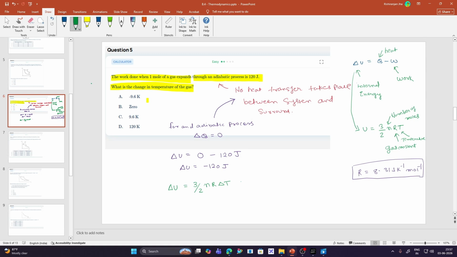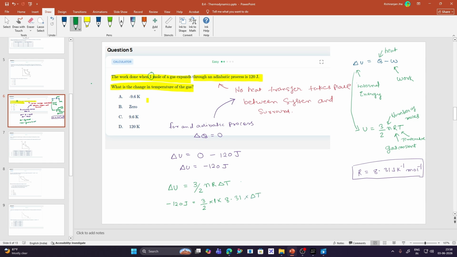We already know that the change in internal energy is minus 120 joules, which is equal to 3 by 2. We have 1 mole of gas, so N can be written as 1. The value of R can be taken as 8.31 joules. And we have to find the change in temperature, that is delta T.